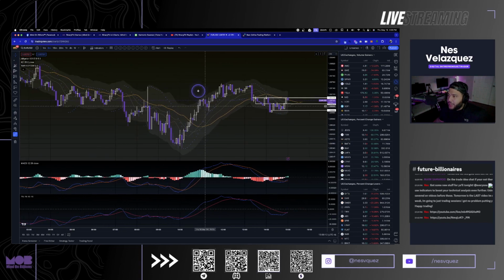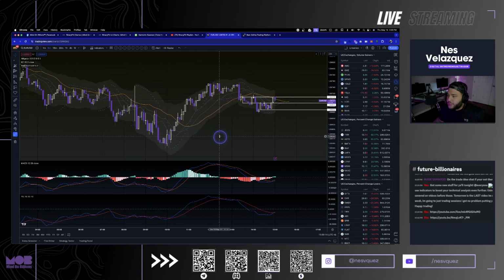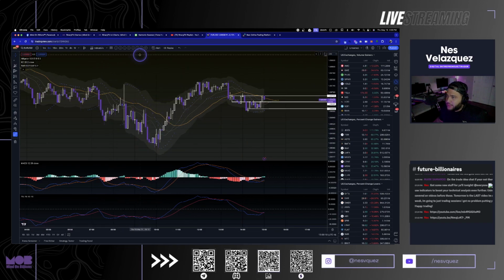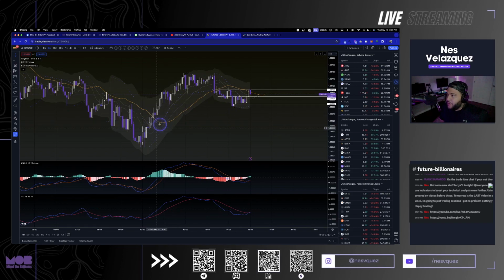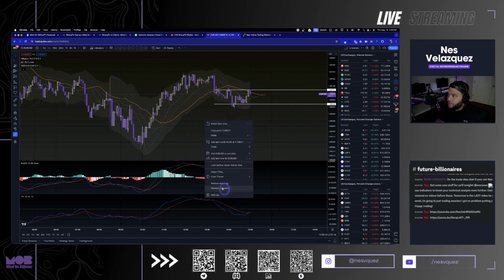So these are designed for you to literally take a collection of some of these indicators and figure out what's going on. So now that we know it's not trending, it's going to start consolidating, as you can see right over here. Now we could go according to that, right? We can erase this. We can now switch it up. Remove indicators.